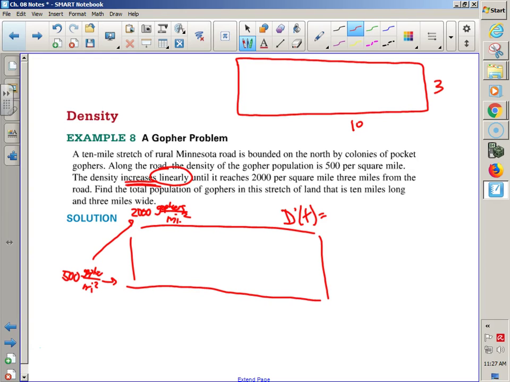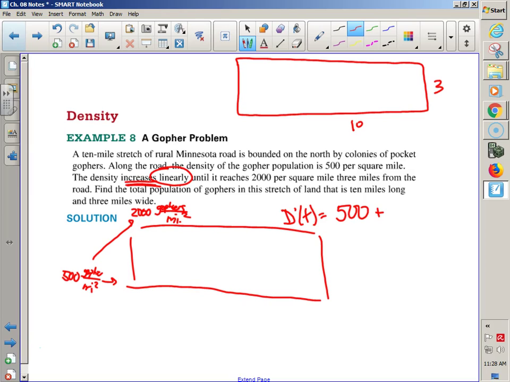Last year there was a wind chill. Same thing here. What's d prime? Is it up to 2,000 over 1? It gets up to 2,000, starting from?